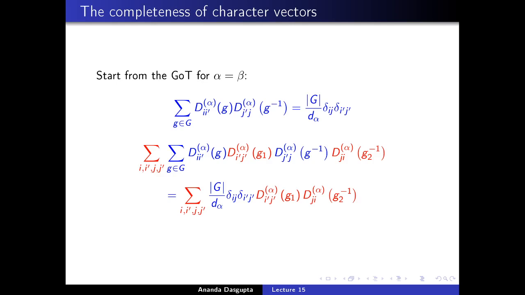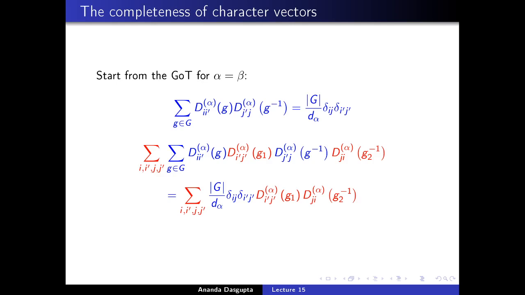Now I am going to do exactly the same thing to the right hand side as well. That is, I am going to multiply by d alpha i prime j prime G1 and d alpha ji G2 inverse and sum up over i prime, j and j prime. These new things that I have put in have been indicated in red here. Now, if you carry out the summation on the right, because of the presence of the delta symbols, it's very easy to do.